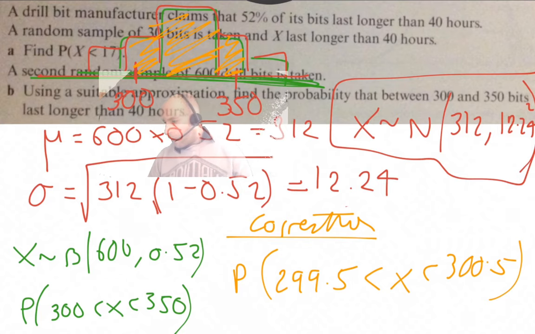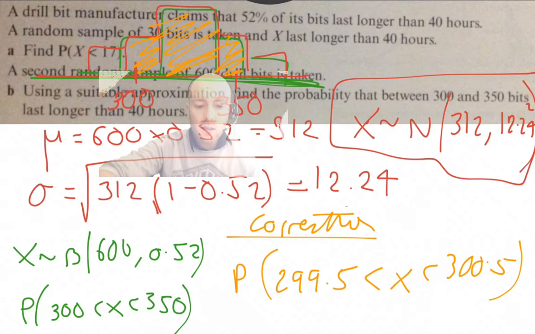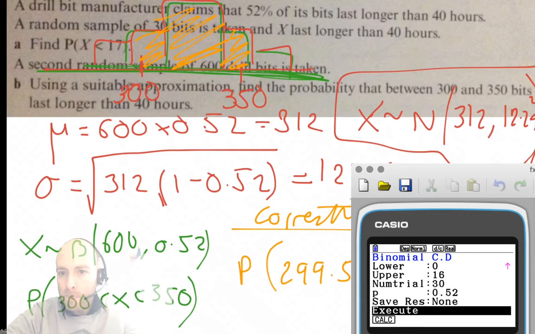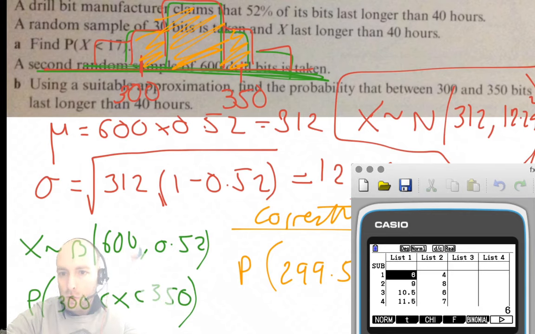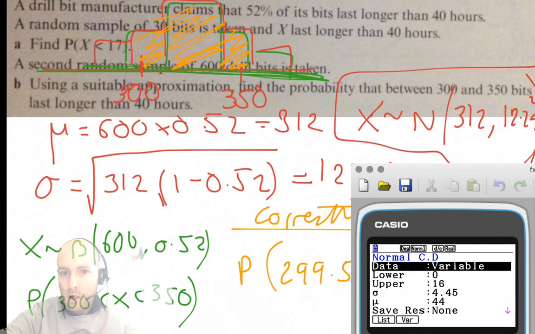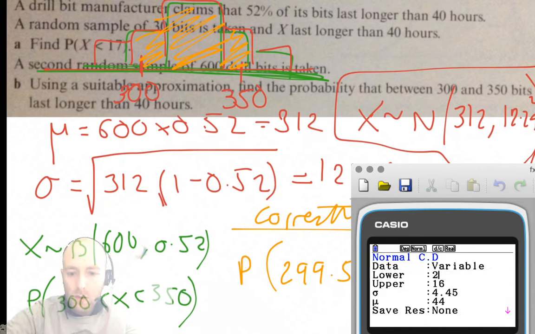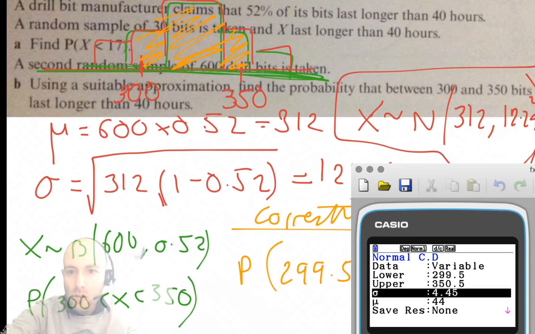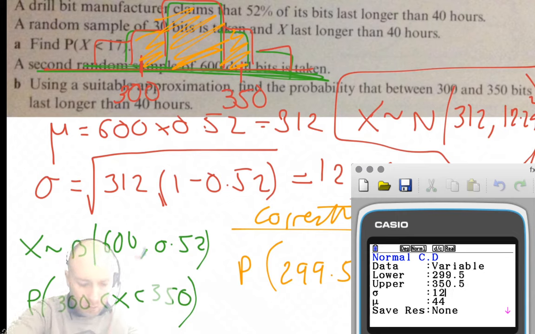So, yes, Ollie, I do agree with what you said in the chat. Good. So we're going to work out that with our calculator. So if I type everything in, distribution, normal distribution, NCD, lower 299.5, upper 350.5, mu 12.24, and sigma 312.